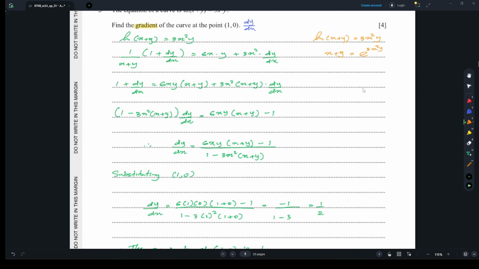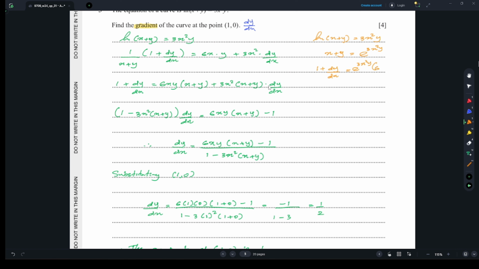When I differentiate with respect to x, it is 1, and the differentiation of y is dy/dx. For the e power, the differentiation of e^u is e^u, and according to the chain rule you multiply by the differentiation of the power.